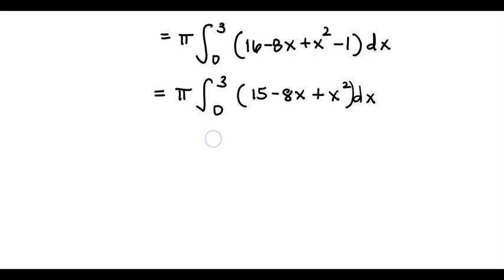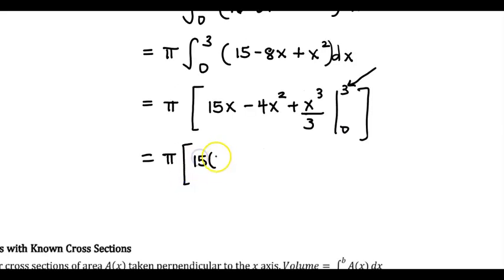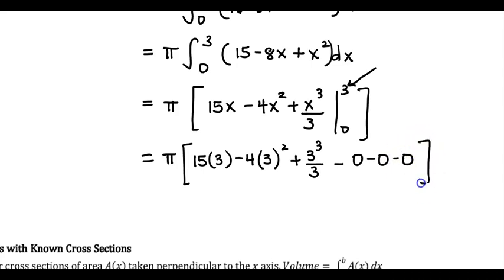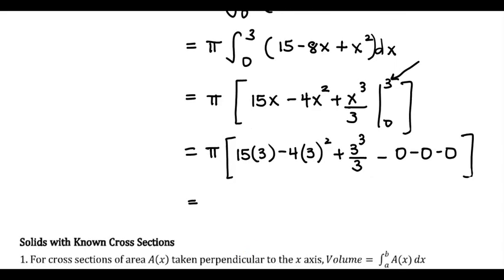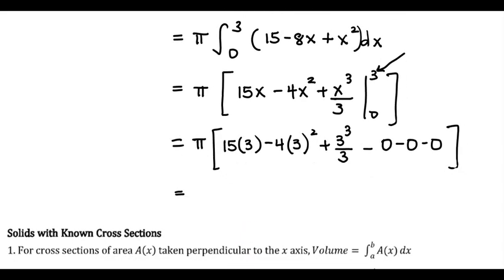Now we'll go ahead and integrate each term, increasing our exponent by 1 and dividing by our new exponent. And subtract, when we plug in our lower limit of 0, all of those terms will go to 0. And when we evaluate 15 times 3 minus 4 times 3 squared plus 3 cubed over 3, that simplifies to 18, leaving us with 18 pi as our answer.